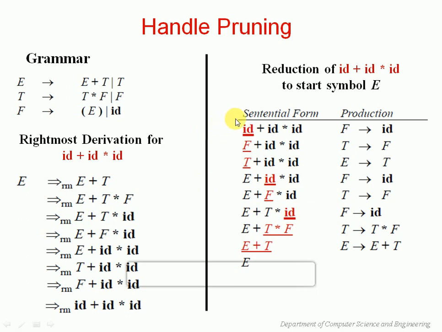When you see these steps here on your left, this is the reverse of it actually. So that is how id plus id star id is reduced to E. Identifying these handles and finally reaching the start symbol is called handle pruning.